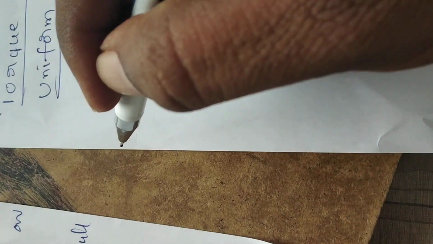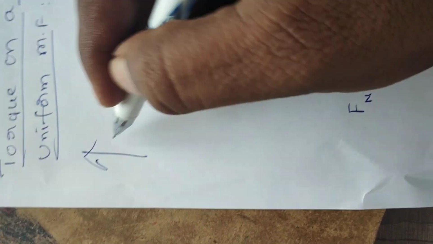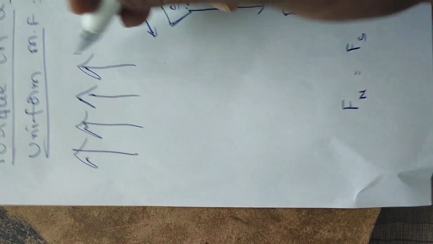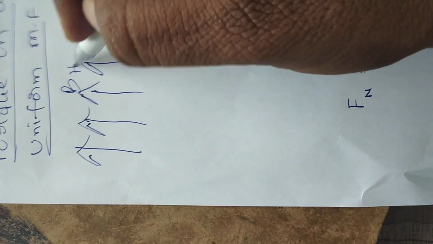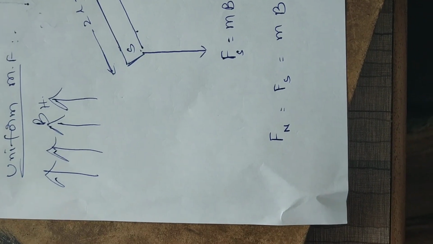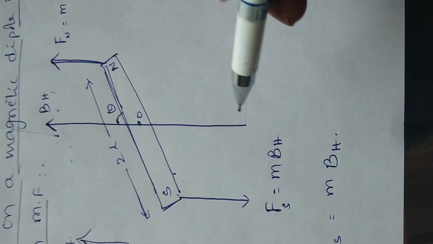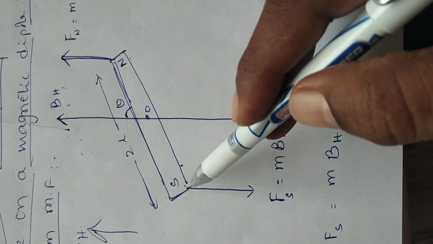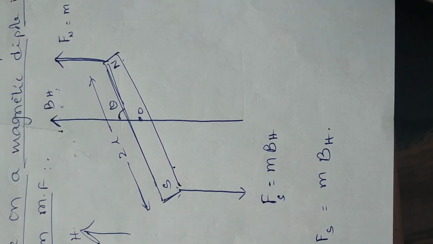Suppose this is the magnetic lines. All these magnetic lines of force are straight and parallel. This field is said to be uniform, maybe it is BH. This is the uniform magnetic field. In this uniform magnetic field, a bar magnet or a magnetic dipole is suspended freely.